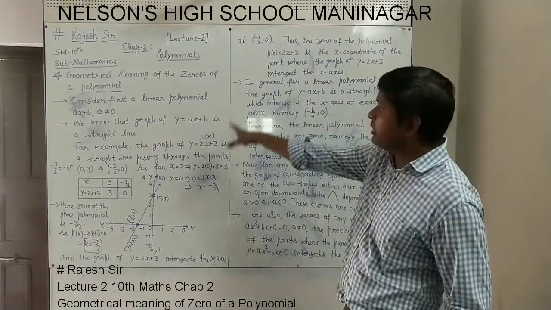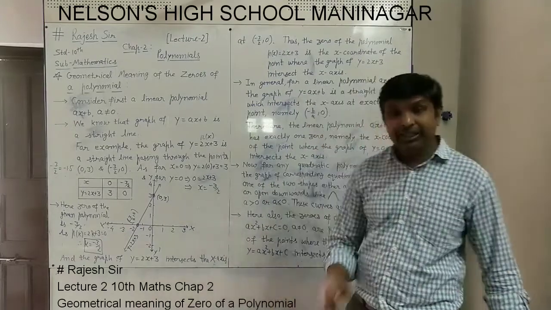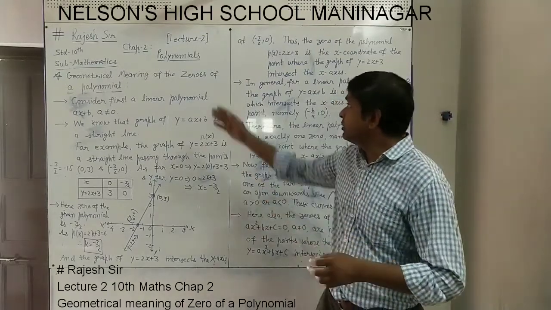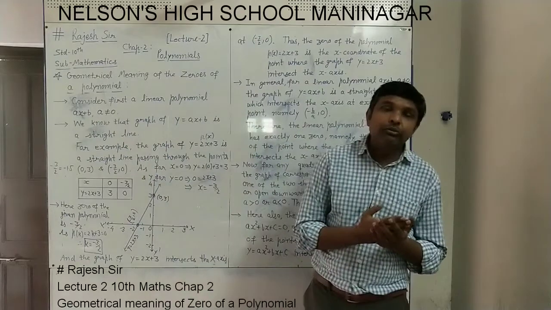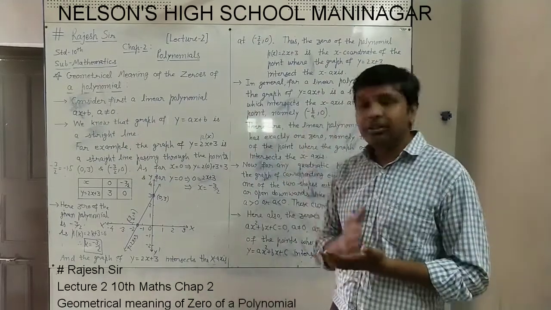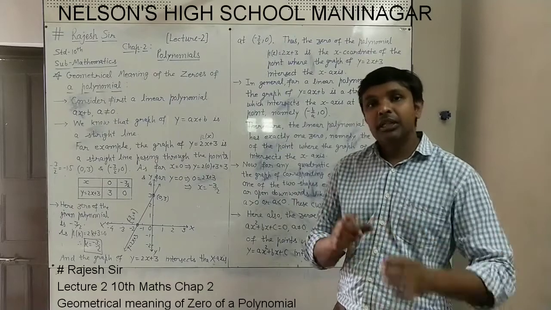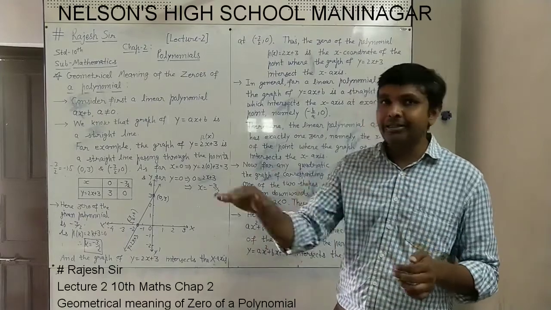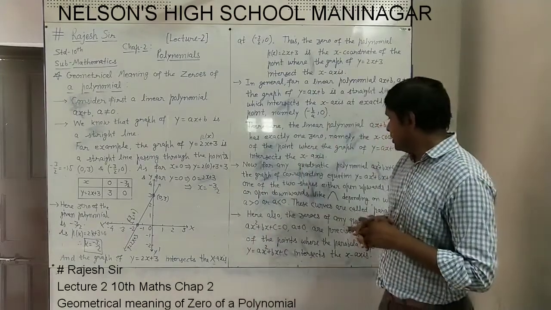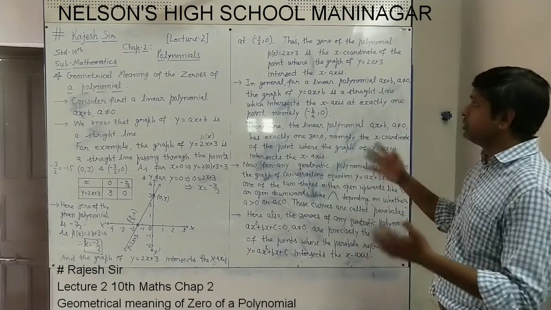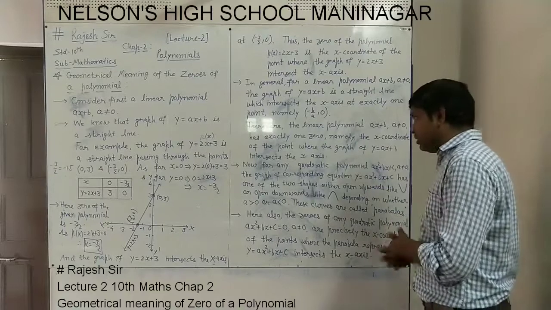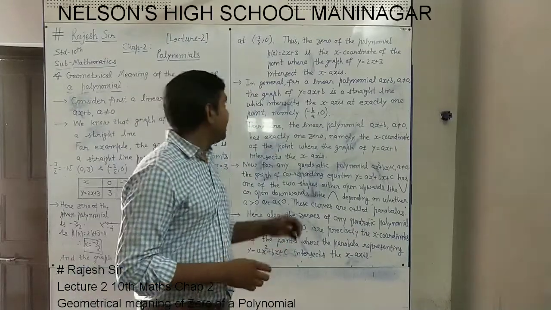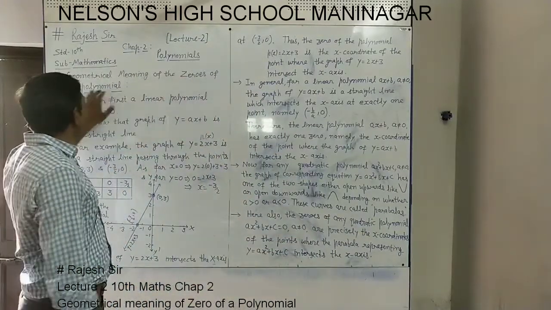Whether it is a linear polynomial, a quadratic polynomial, or any type of polynomial, what is the zero of the polynomial? Geometrically, the zero of the polynomial will always be the x coordinate of the intersection point of the graph and the x-axis. This is the general thing we have to understand from linear and quadratic polynomials, and also cubic polynomials and any other type. So what is the geometrical meaning of the zero of a polynomial?